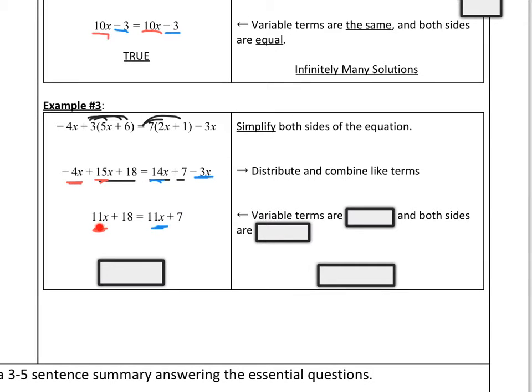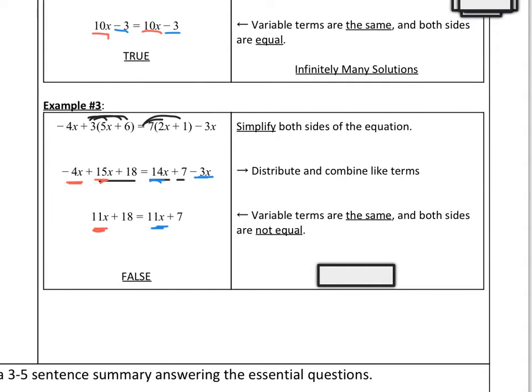Comparing these variable terms, 11x and 11x, we can say that the variable terms are the same. And we've got plus 18 and plus 7. The sides are not equal. So, since we have 11x plus 18 equals 11x plus 7, same variable terms, not equal sides, look back over and see if you can find out how many solutions this equation has.